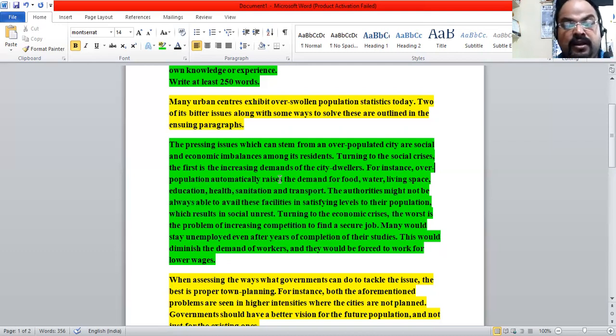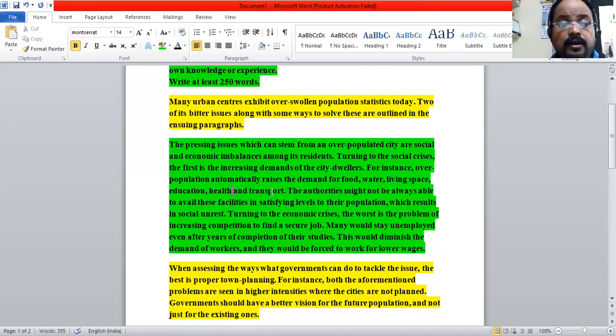So automatically raises the demand for food, water, living space, education.